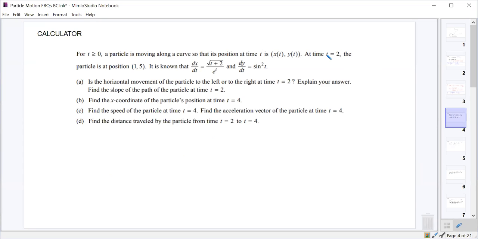So all we need to do is figure out whether dx dt is positive or negative at t equals 2. If dx dt is positive, it's moving to the right, and if dx dt is negative, it should be moving to the left.